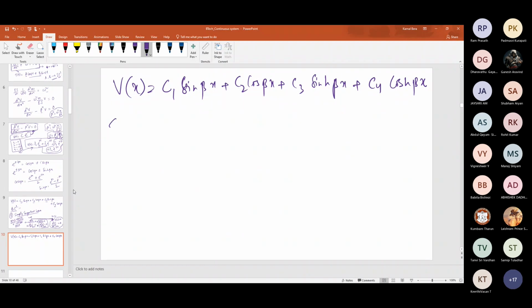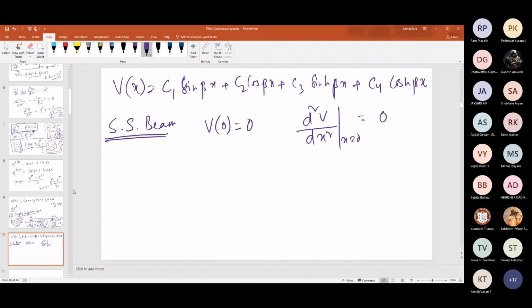I am considering first simply supported. The boundary conditions at x equals 0: V(0) equals 0, and d²V/dx² evaluated at x equals 0 is 0. Another is V at L equals 0, and d²V/dx² evaluated at x equals L is 0.